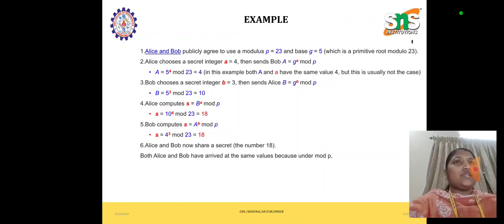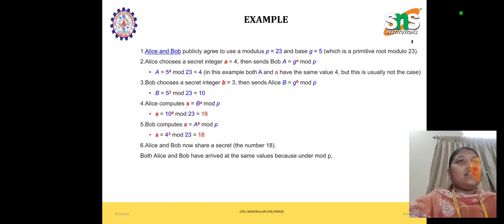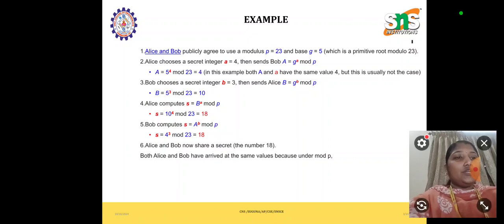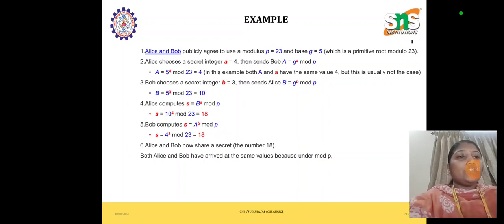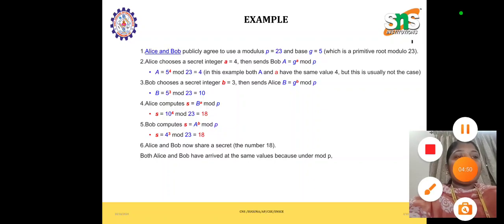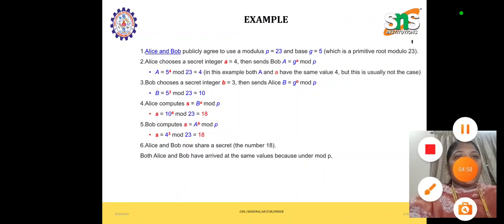The major security of this Diffie-Hellman key exchange is that even though an attacker may know the public values P, G, A and B, they cannot easily compute the shared secret key S, because doing so would require solving the discrete logarithm problem. This problem is computationally infeasible for large values of P, making the protocol secure.